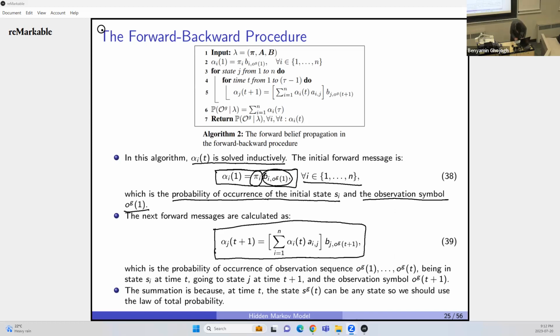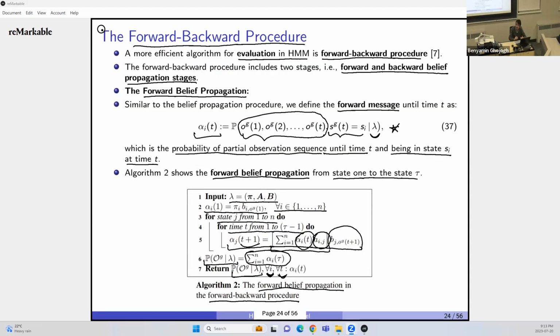What is that? It's the probability of occurrence of the observation sequence O1 to Ot, being in a state Si. So why am I saying that? What is the reason for this? Being in observation sequence O1 to Ot is because of this alpha i t. Do you remember? In alpha i t, we had this, in equation 37.